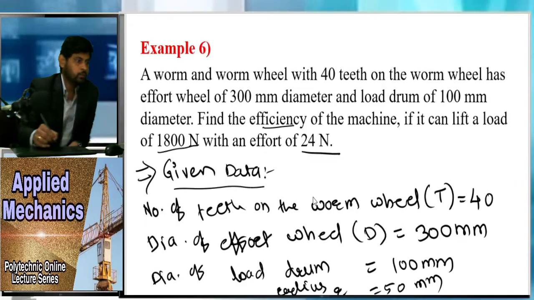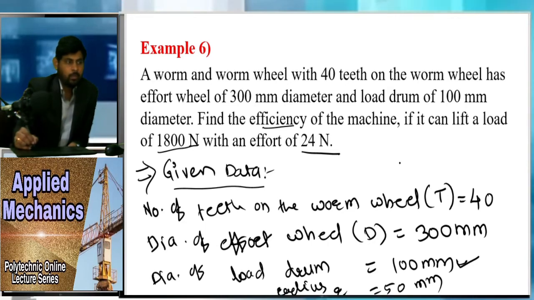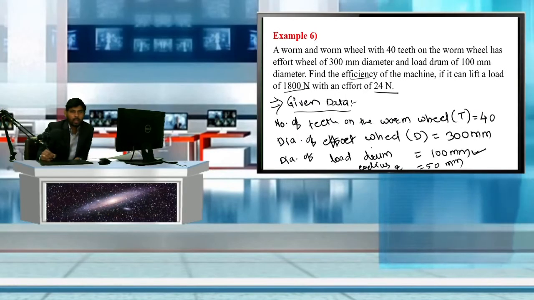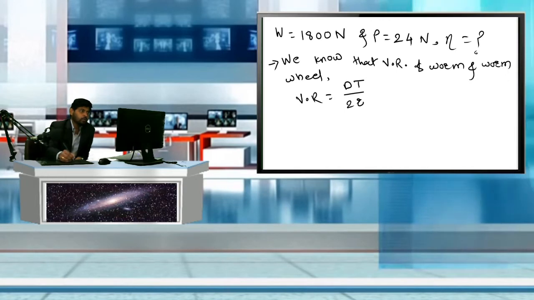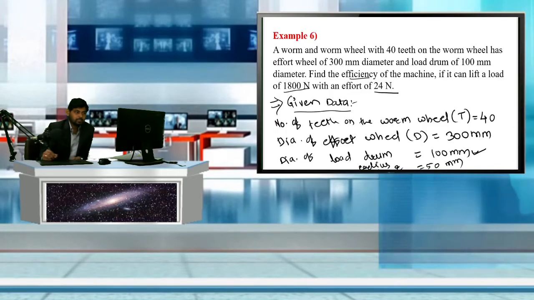Here you can see we have converted the diameter of the load drum into radius, right? Here we were given the diameter of the load drum, that is 100 mm, but we have taken the radius R. Why? Because we have the velocity ratio formula in terms of R. So if you are given the radius, you can take it directly. If in the problem you are given the diameter of the drum, you have to convert that into a radius.